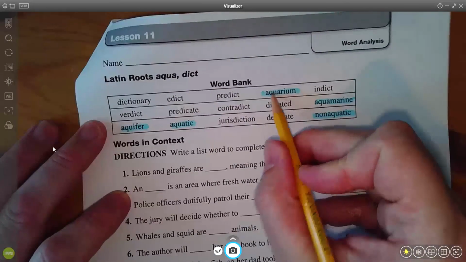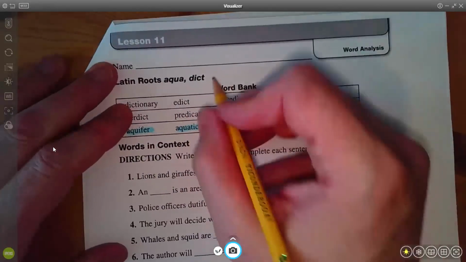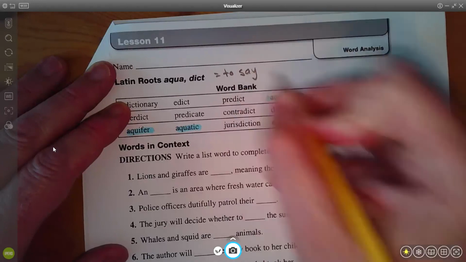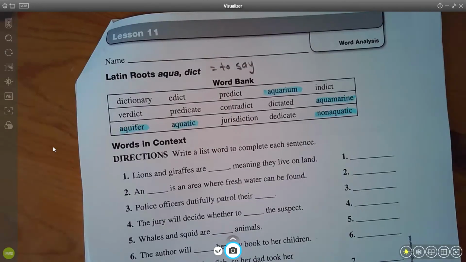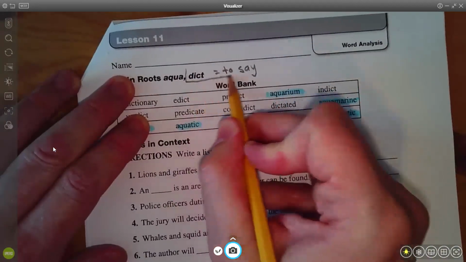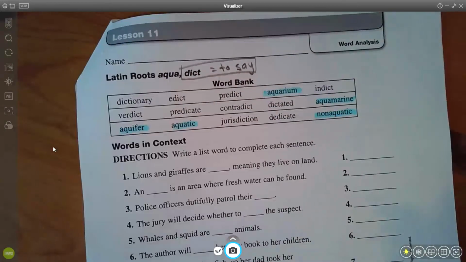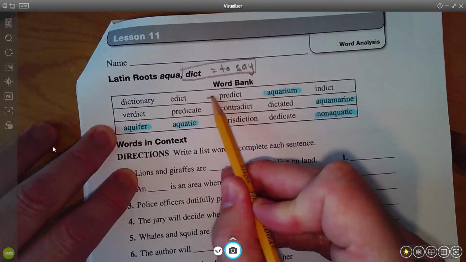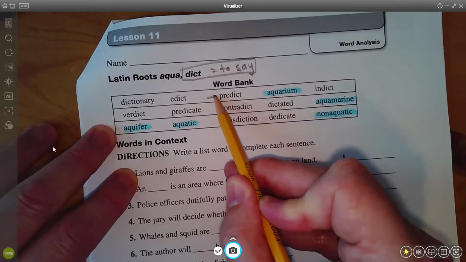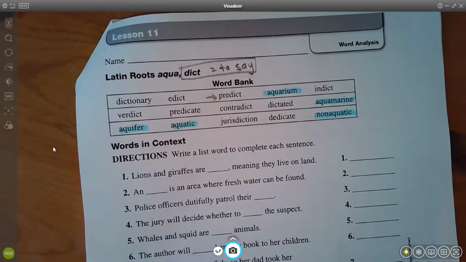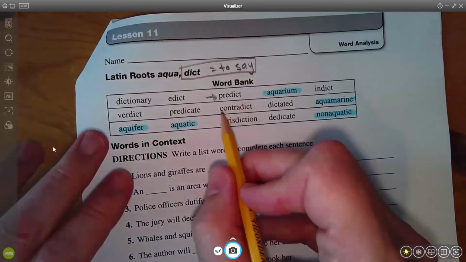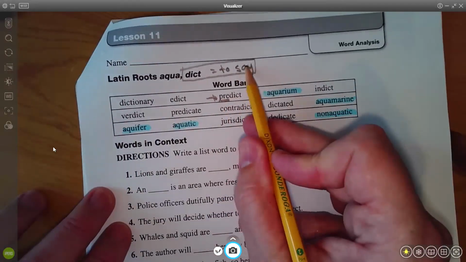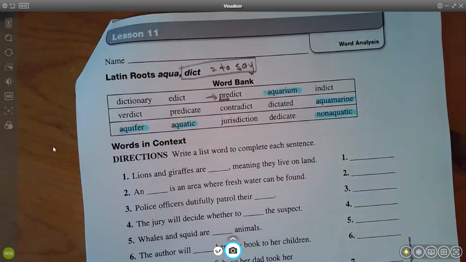So aqua means water. Dict means to say. In general things, this one means to say something. So the best way to remember that is this word right here, predict, right? If I'm going to predict the score of a game, I'm going to predict the weather for tomorrow, pre means before. I'm going to say it before it happens, predict.